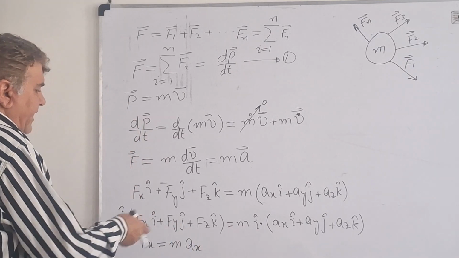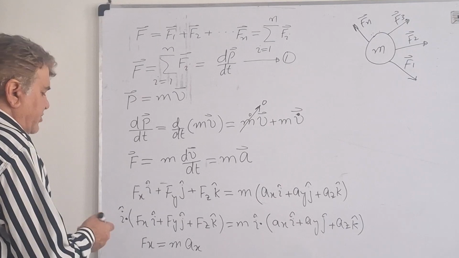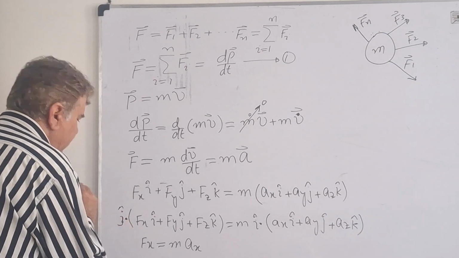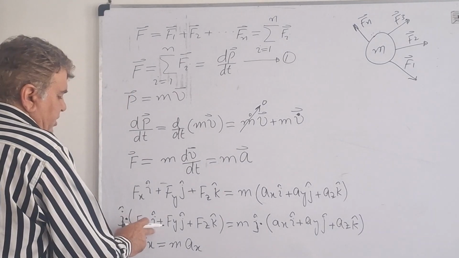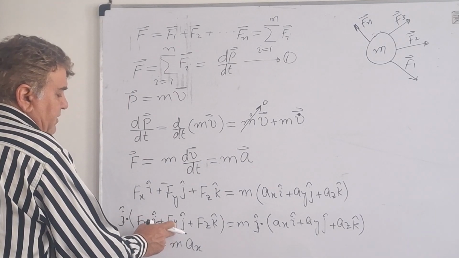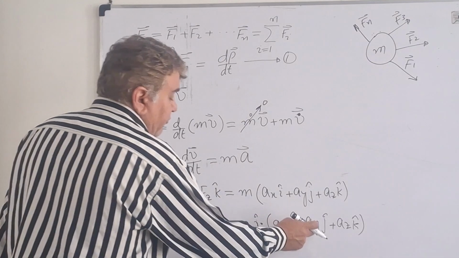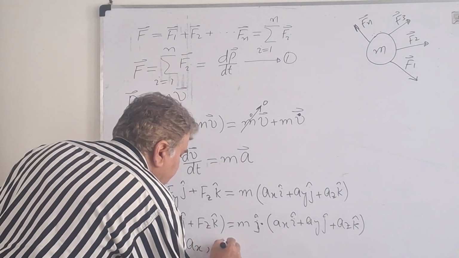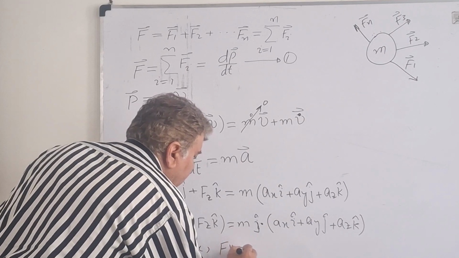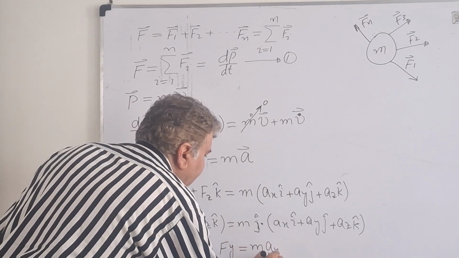And similarly, if I take the scalar product with j, that is, instead of i I replace this with j and this one with j, then j dot i is 0, and I'll get fy from this side, and from this side I'll obtain ay. So I'll be able to write fy is equal to m ay.